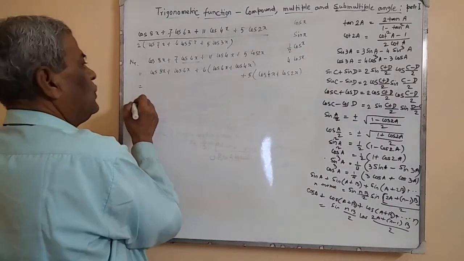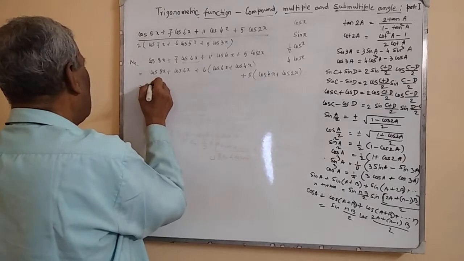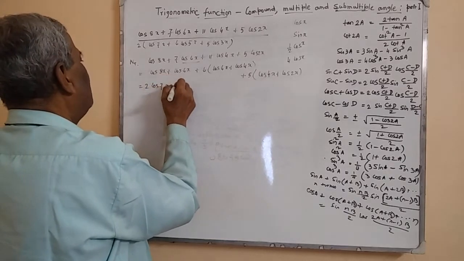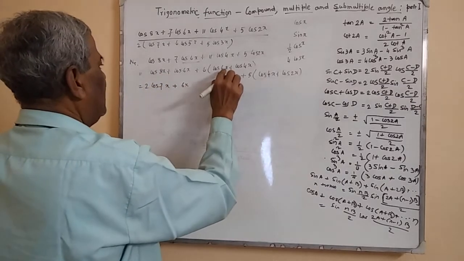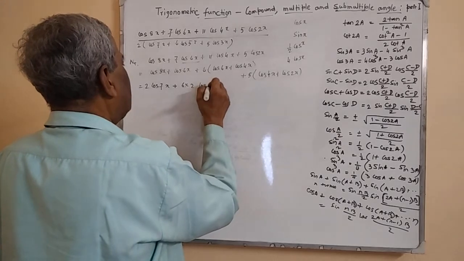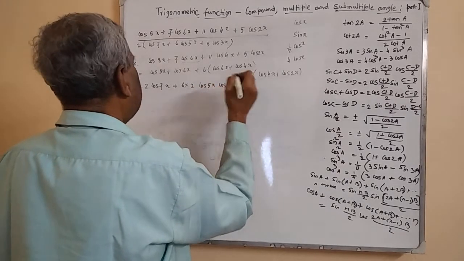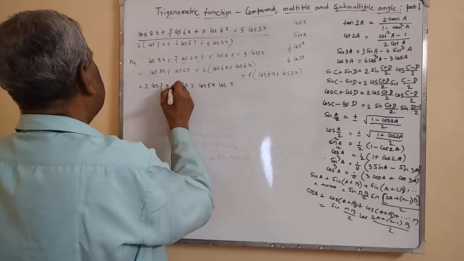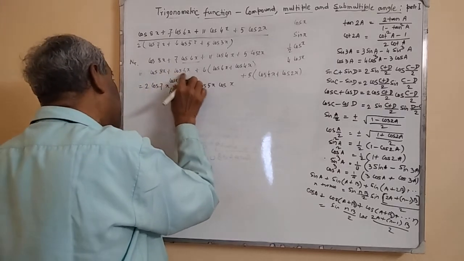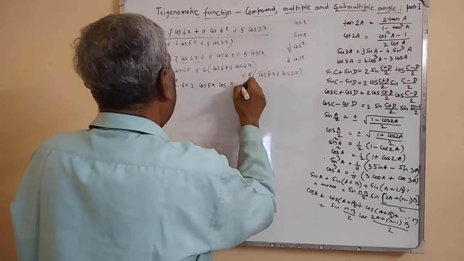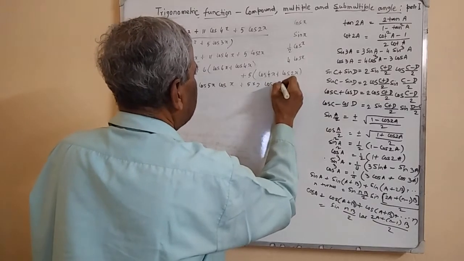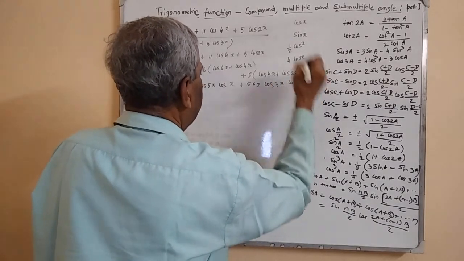So it is equal to 2 cos 7x cos x, plus 6 into again 2 cos 5x cos x, plus 5 into 2 cos 3x cos x.